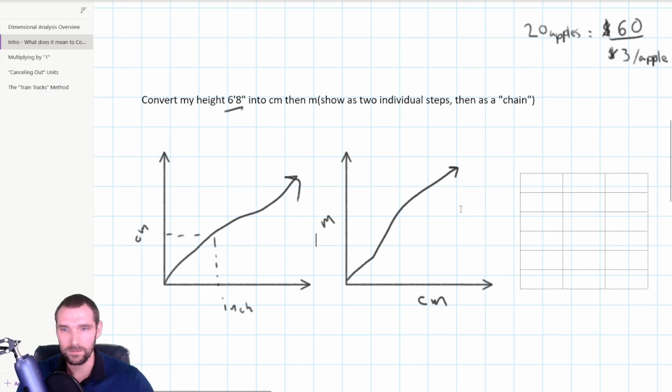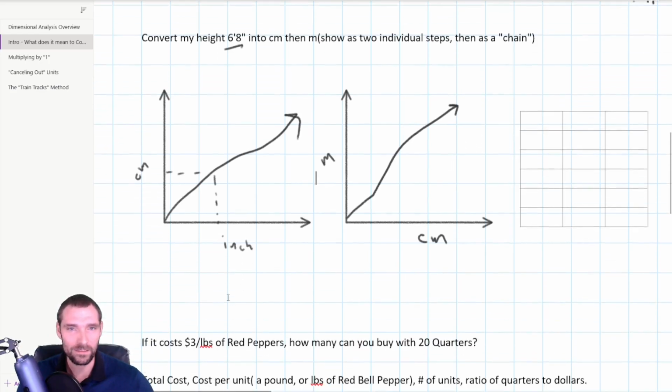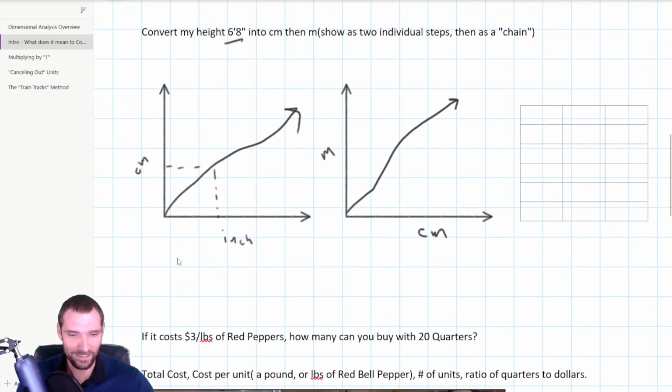When you say 6'8", that's equal to, what's that, 80 inches? Yeah, it's 72 plus another 8, so that's 80 inches.